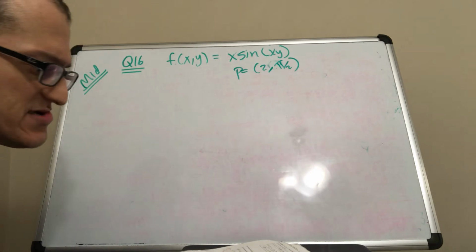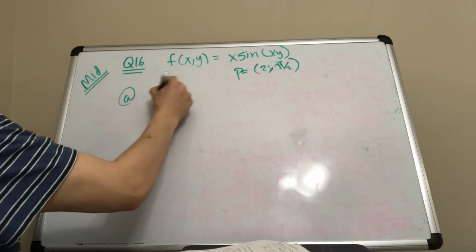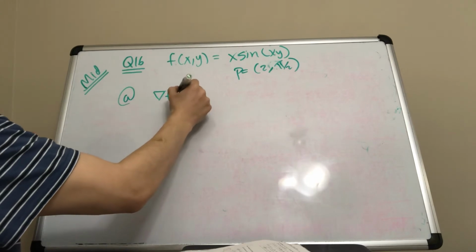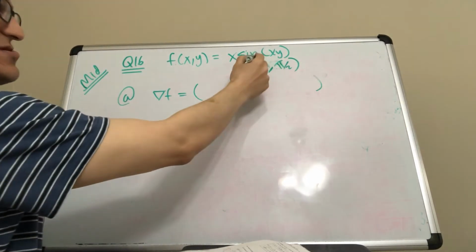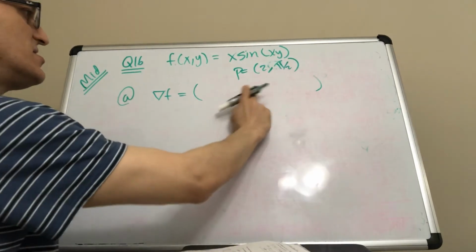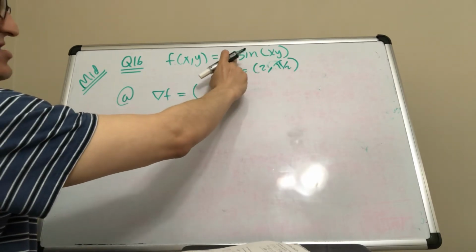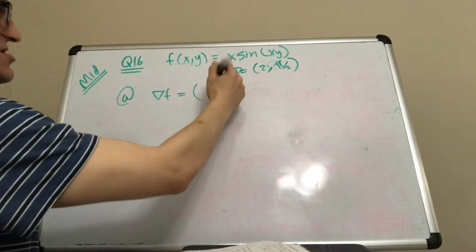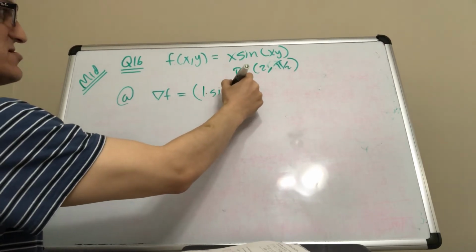So, in the first thing, you need to find the gradient in A. They want you to find the gradient. So the derivative of this with respect to x, derivative of this with respect to y. If we do it with respect to x, we have to consider dot product. Derivative of the first one times the second function.